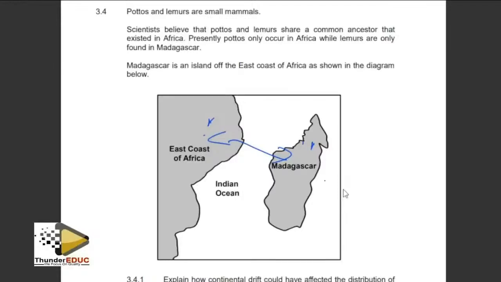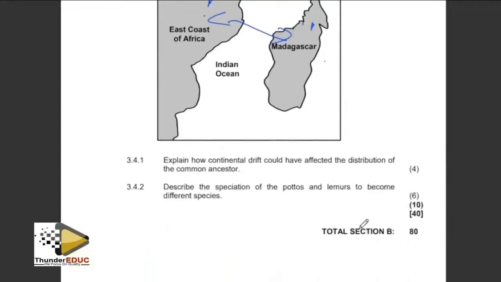Different environmental conditions, therefore natural selection occurred differently, whereby they became genotypically and phenotypically different. And if you remove the ocean, they cannot mix to interbreed. Therefore, they formed 2 new species of poto and lemurs.